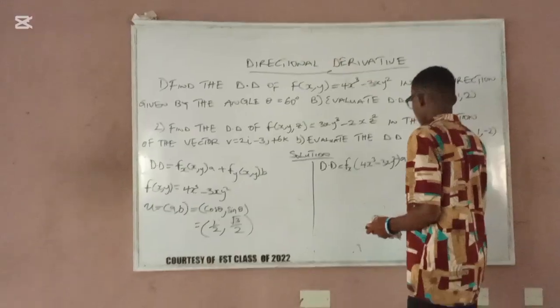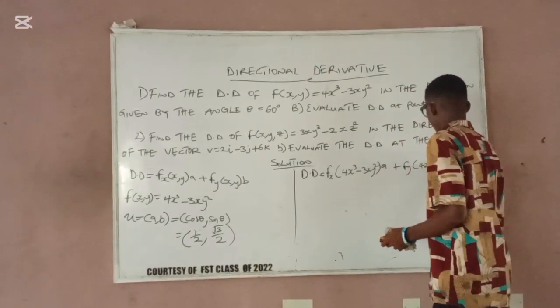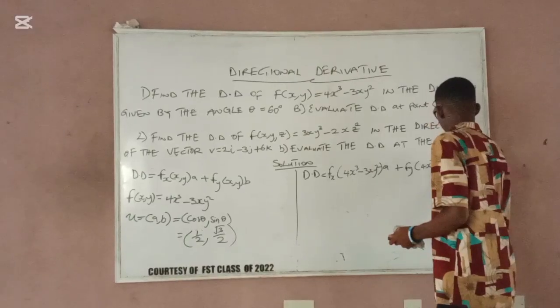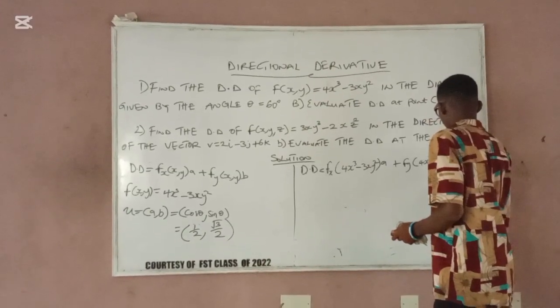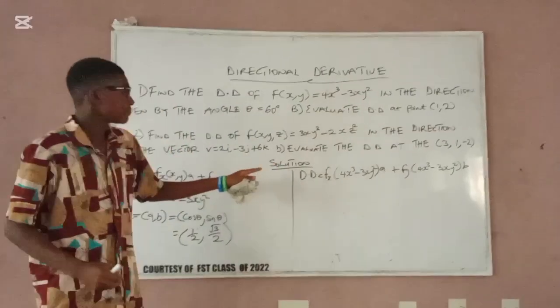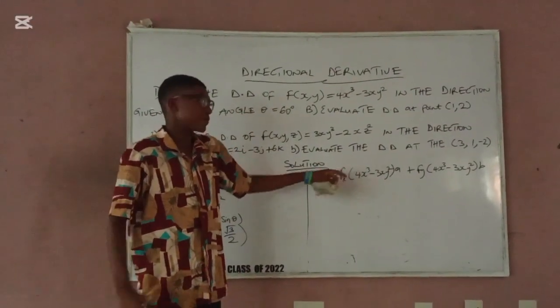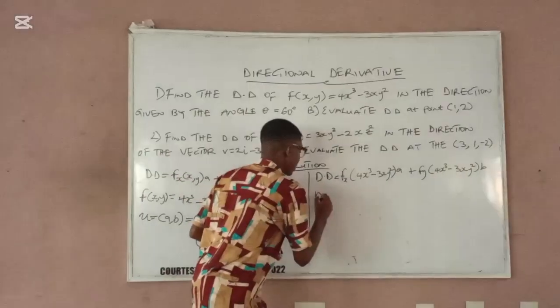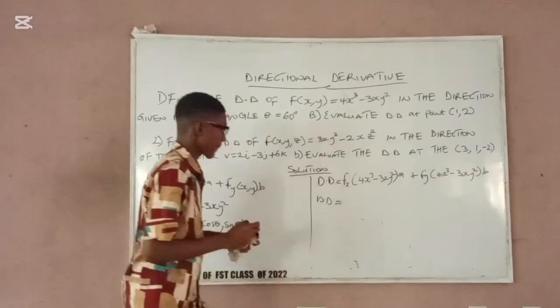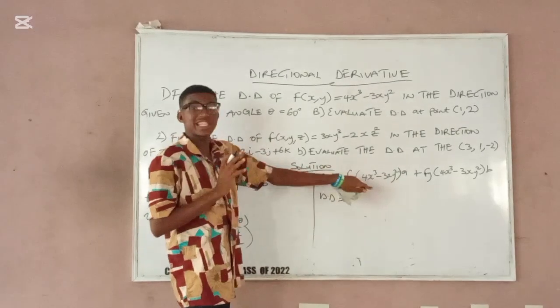Now, to find the partial derivative with respect to x, the directional derivative DD now equals differentiate only x in this function. That's what f of x means.